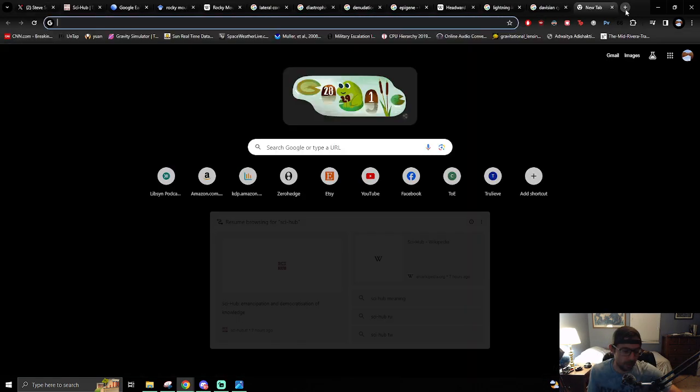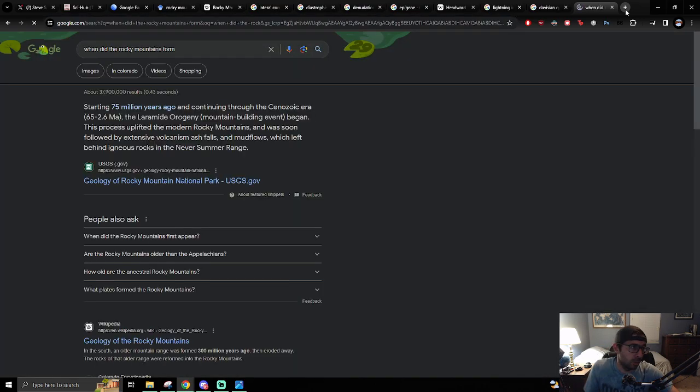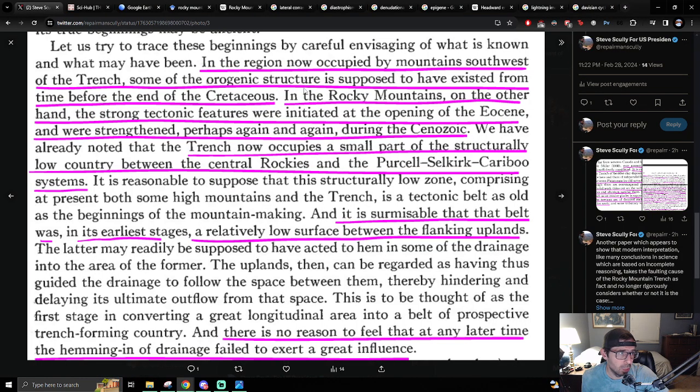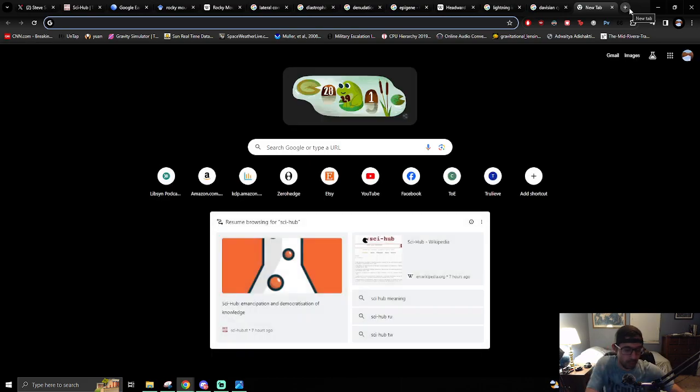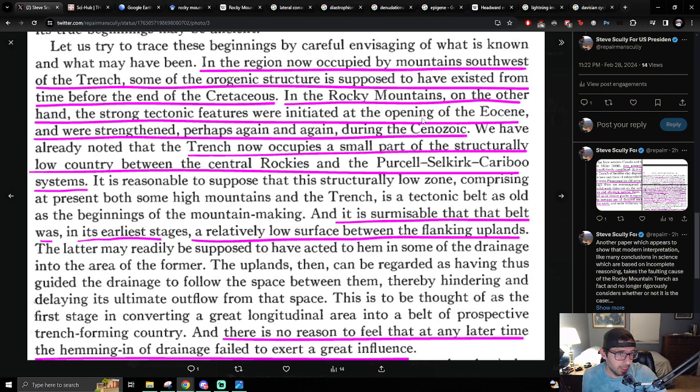Let's see if I just Google when the Rocky Mountains formed. I know there's evidence that it's more extensive than the Eocene, which is like 55 million years. Definitely dates further back than that.